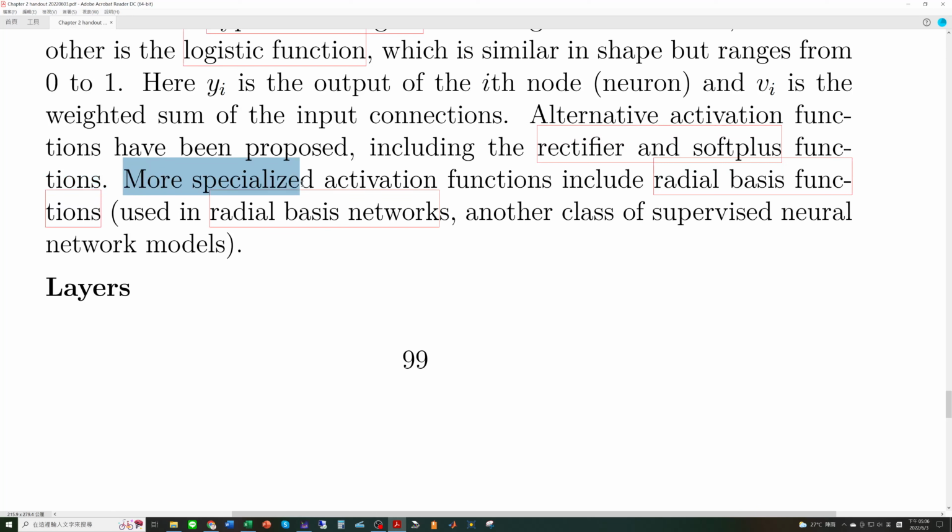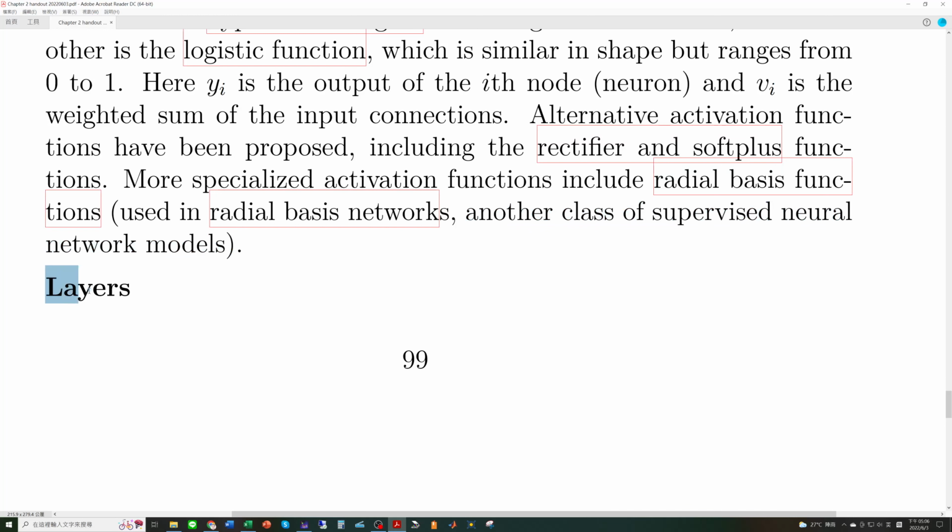More specialized activation functions include radial basis functions, used in radial basis networks, another class of supervised neural network models. I will introduce what radial basis functions and radial basis networks are later.